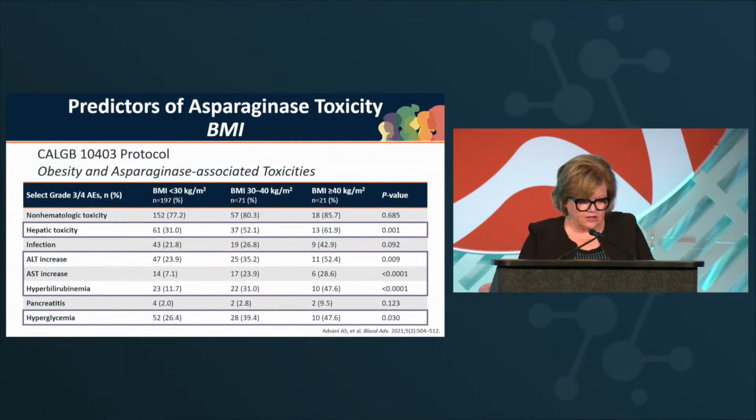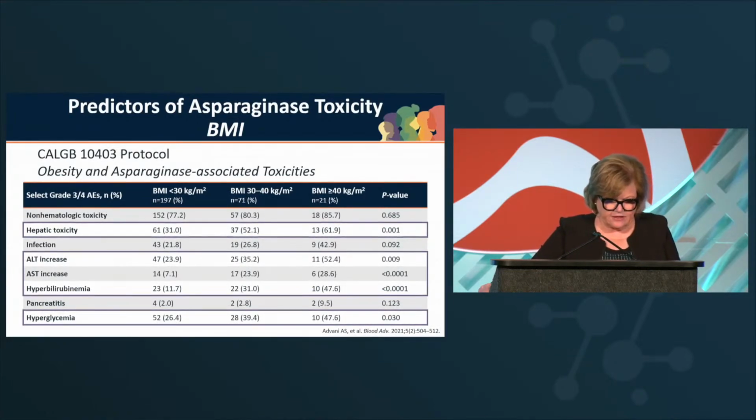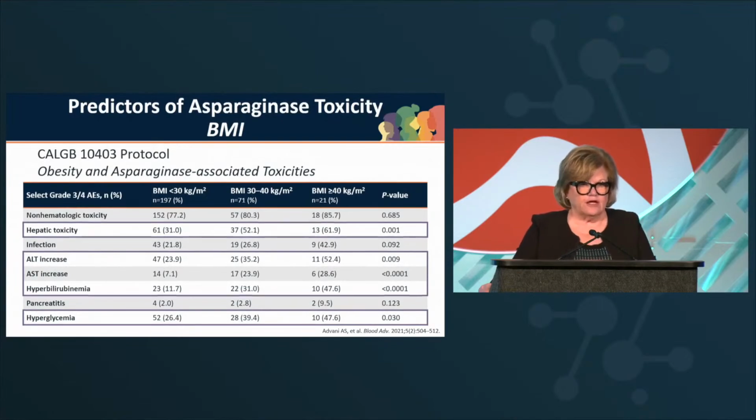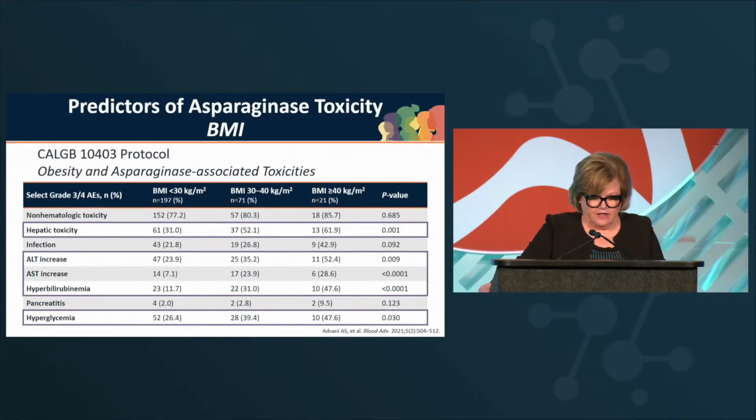And then because of the hepatic toxicity, they're also more likely to have the hyperglycemia, which we see. So BMI also is a predictor of toxicity associated with administration of asparaginase.